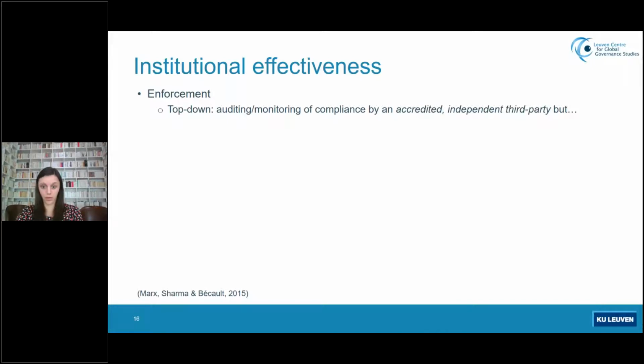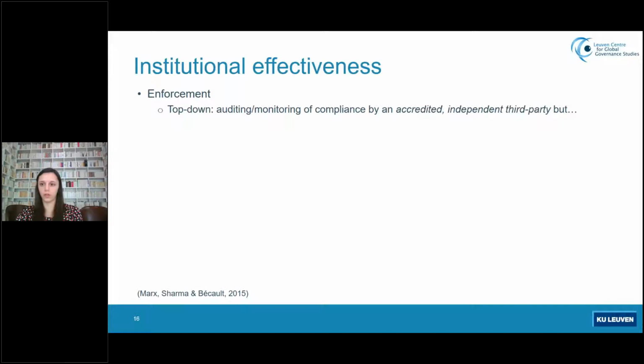Then there is also second party, which involves two parties, one that sets standards and monitors compliance, and the other one that adopts and implements the standards. So first and second party certification or verification is really considered as self-regulation and not really credible.